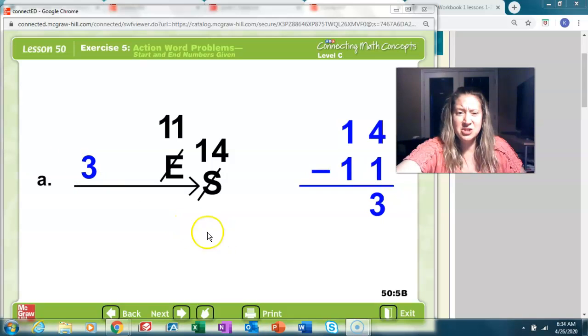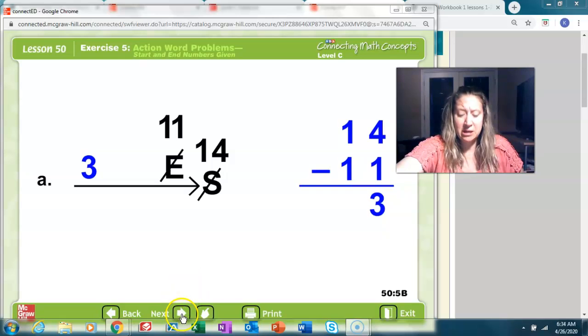This is slightly different from what we've done so far, boys and girls, because usually in the action sentence, it gives us the first small number, and you're solving for either E or S. Now you have a third option. In addition to solving for E or S, you might also be solving for the first small number. That's why I worked that one with you.